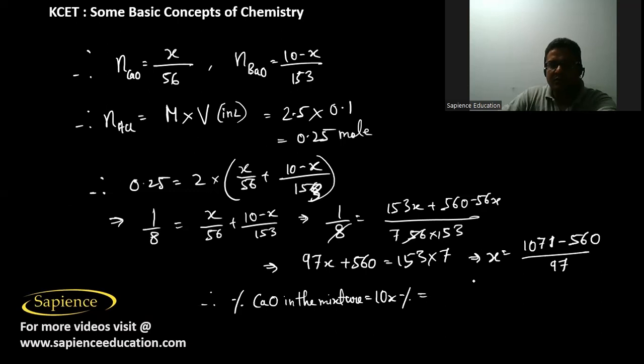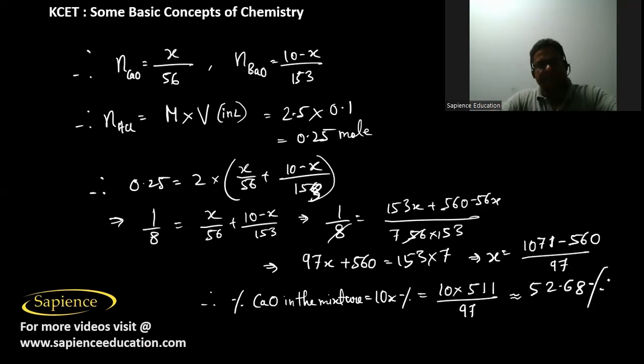So that will be equal to 511 into 10 by 97, that is 5110 divided by 97, which is approximately 52.68%.